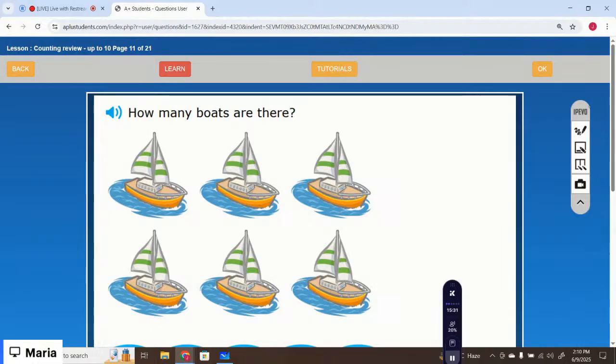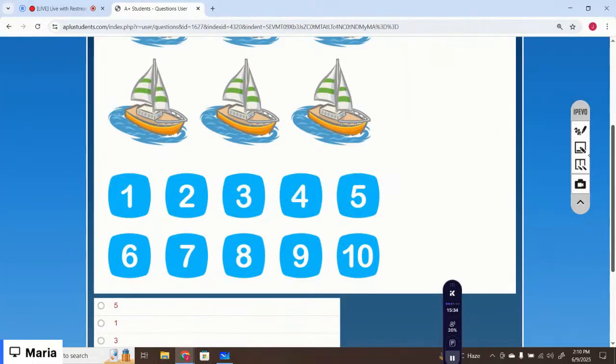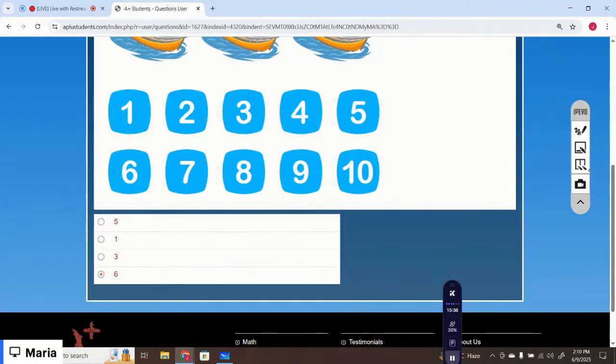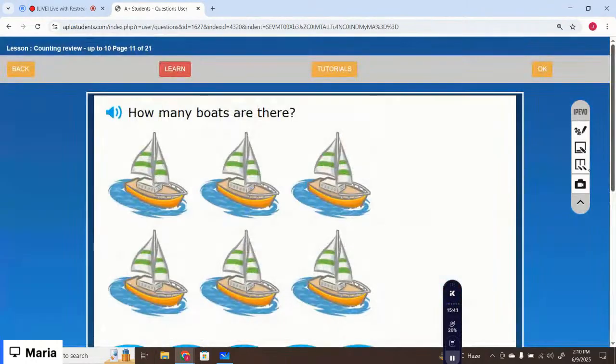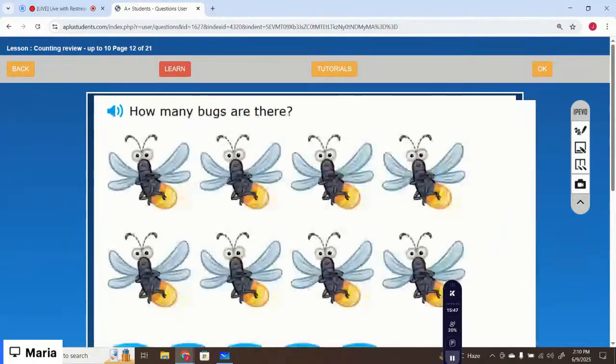Option four is the correct option. How many bugs are there?